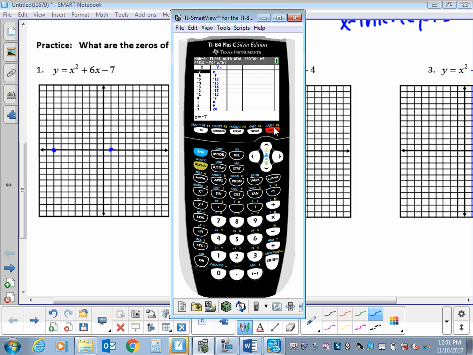If I want to sketch this graph, let's take a look at the graph really quick. Clearly, it's too wide for my graph, right? We can still just sketch it. It doesn't have to be perfect, we're just sketching a graph.